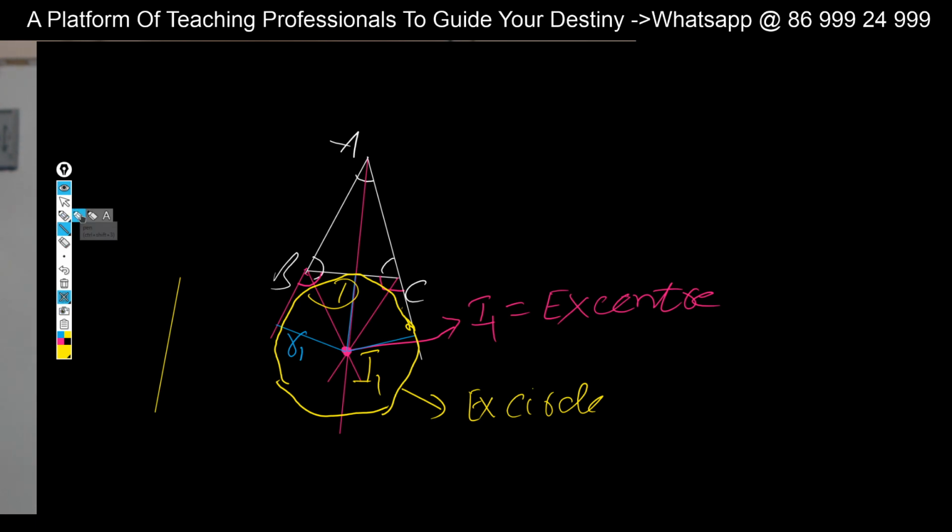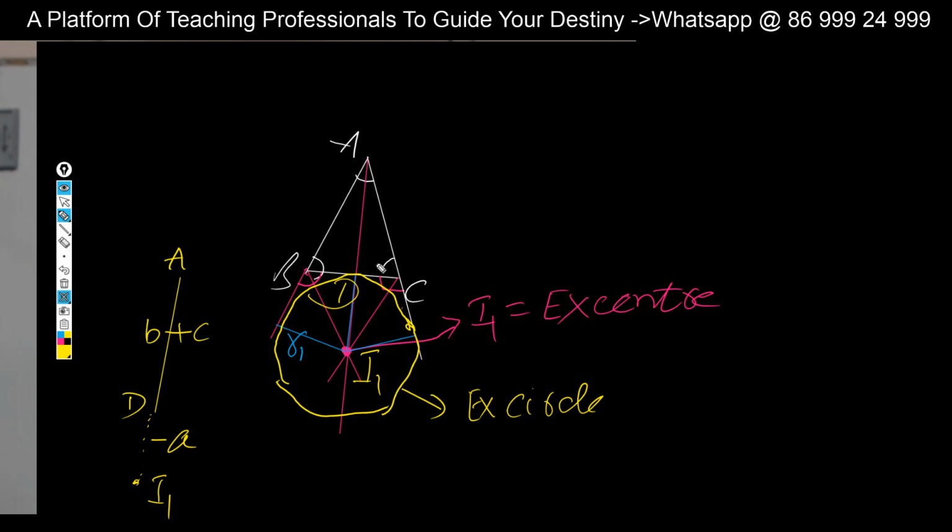This AD is divided by I1 externally, in the ratio B plus C is to A. Because it is external, we call it B plus C is to minus A. So you can clearly say that.